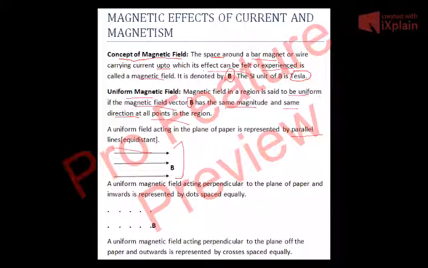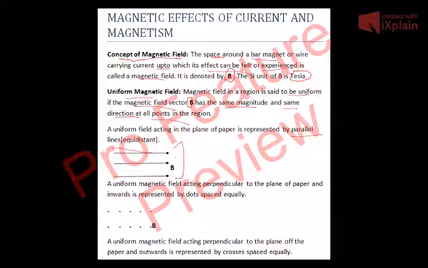The three arrow lines have the same length, which means they have the same magnitude and they have the same direction. So this represents the uniform magnetic field. The length of the lines represents the magnitude of the magnetic field, and direction shows the direction. So the direction is same, the magnitude of the three lines is same. It means that the magnitude of the magnetic field is same. So the magnetic field in the region is uniform.